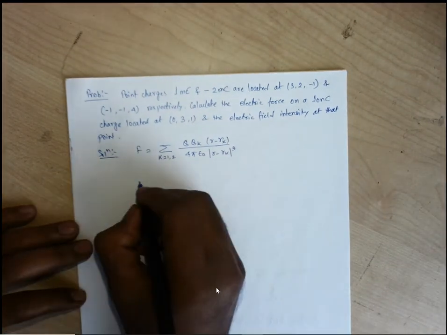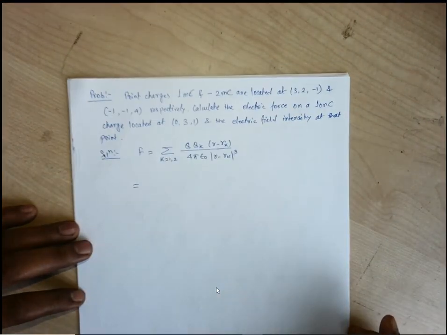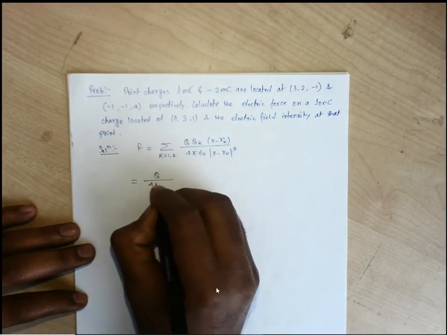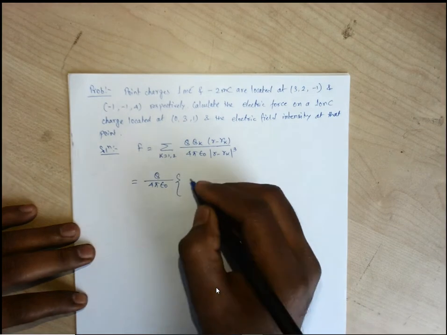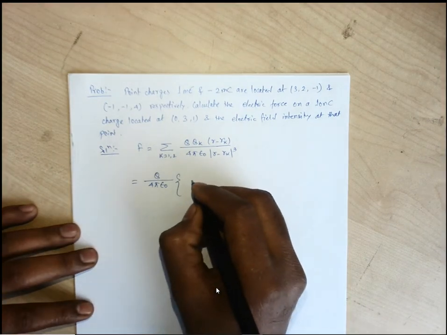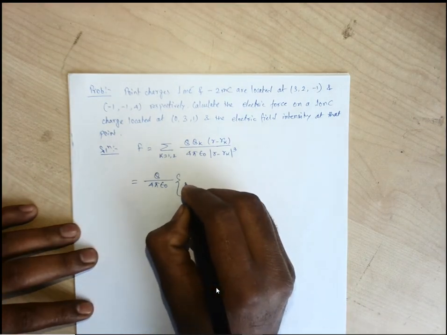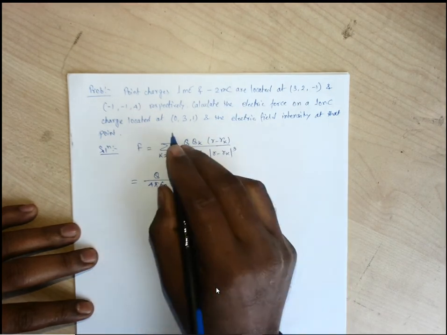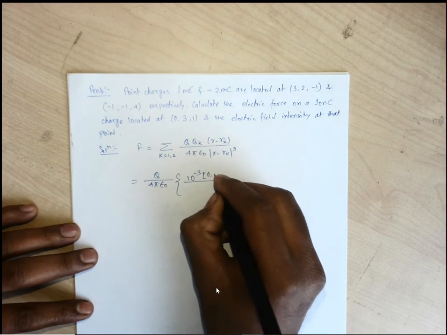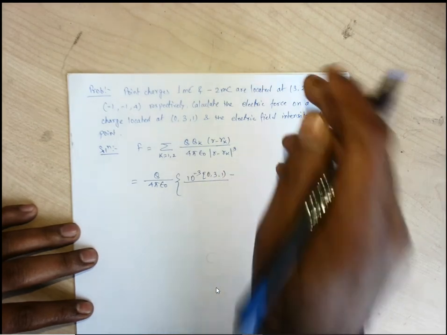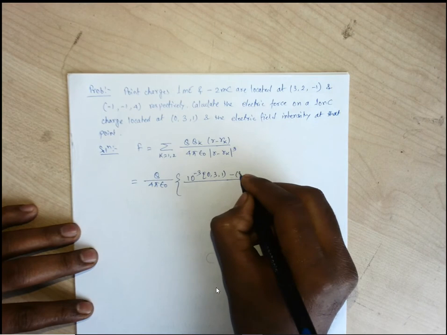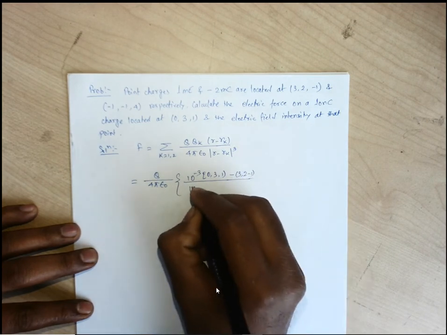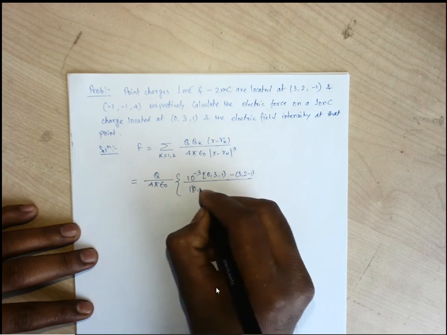So the force exerted on the 10 nanocoulomb charge is given by Q by 4 pi epsilon naught, then all the charges. I am writing the expression: 10 to the power minus 3, then the location (0, 3, 1) minus this charge's location (3, 2, minus 1), with mod of (0, 3, 1).